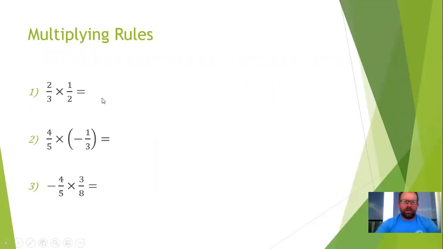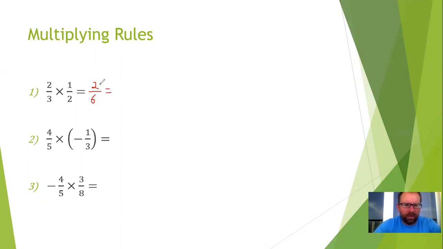All right, so we're going to have 2/3 times 1/2. We'll just literally multiply 2 times 1 and 3 times 2. 2 times 1 is 2. 3 times 2 is 6. What we have to do is simplify this.